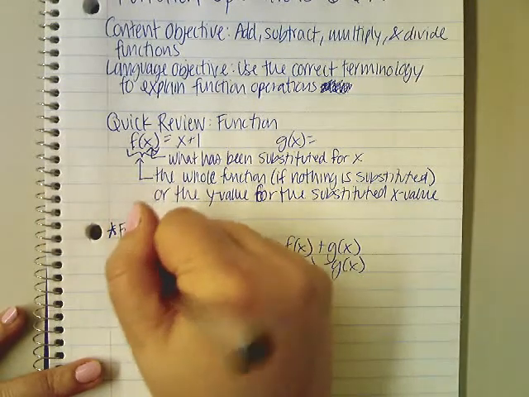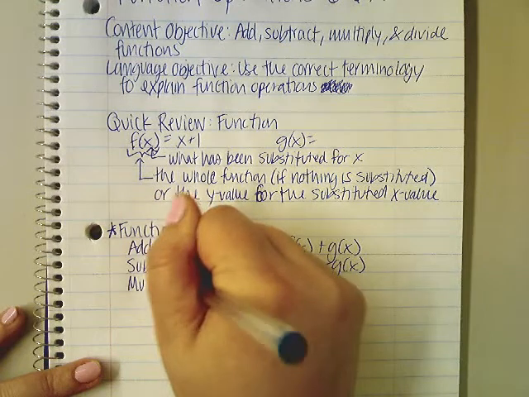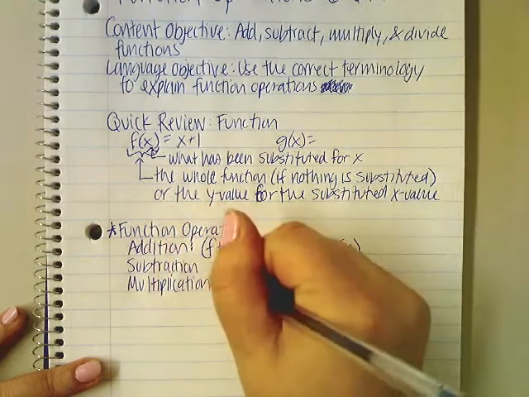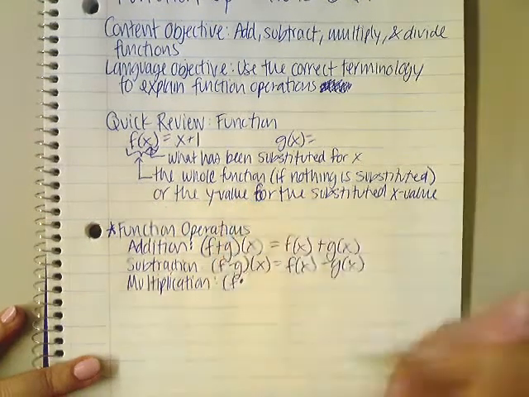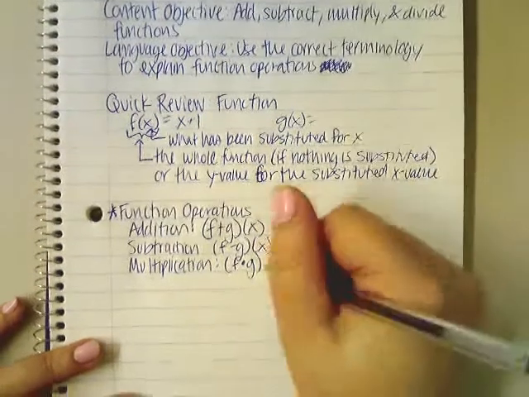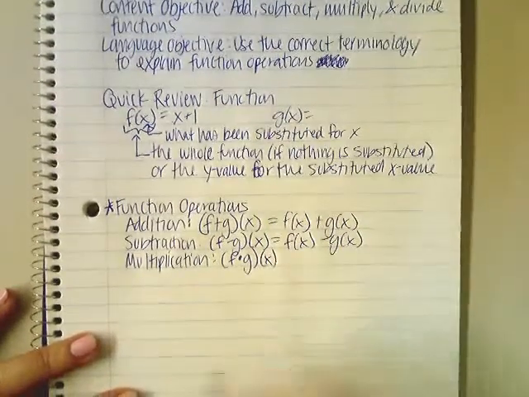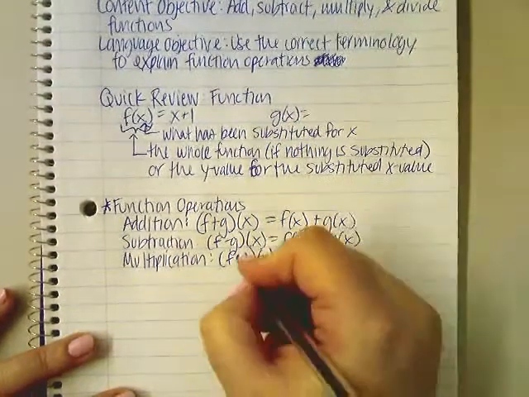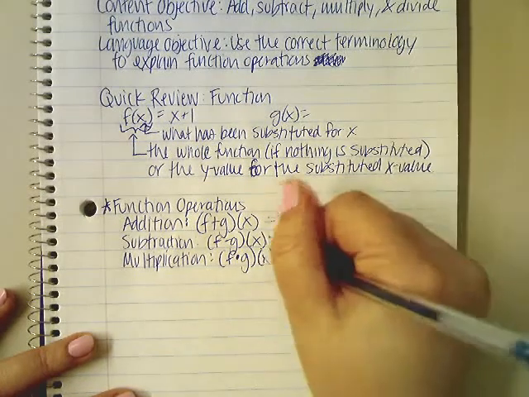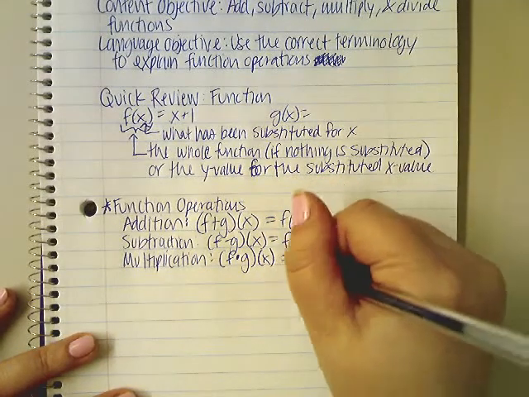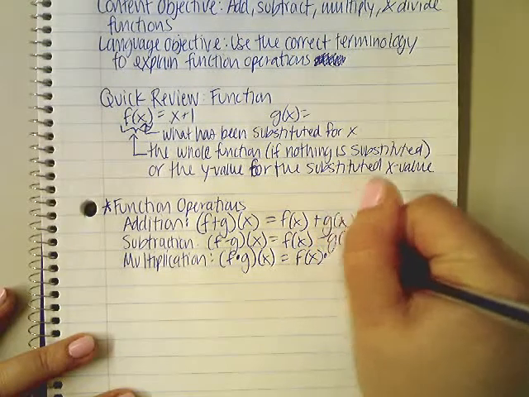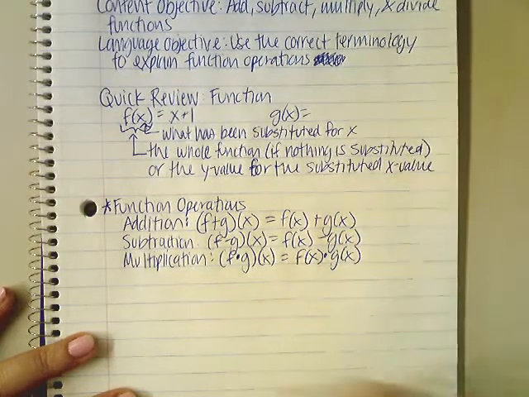Multiplication, again, you're just performing these operations with these whole functions. So this would be f, I'm just going to write a dot. Notice that it's a closed dot. This will come up next in 66B. So make sure when you write multiplication, it's a closed dot. And that would just be equal to the whole function f of x times the whole function g of x.